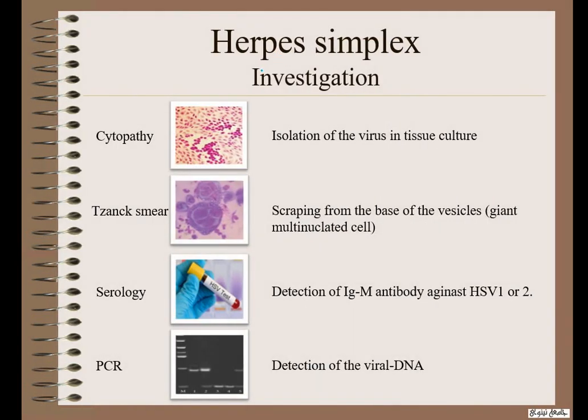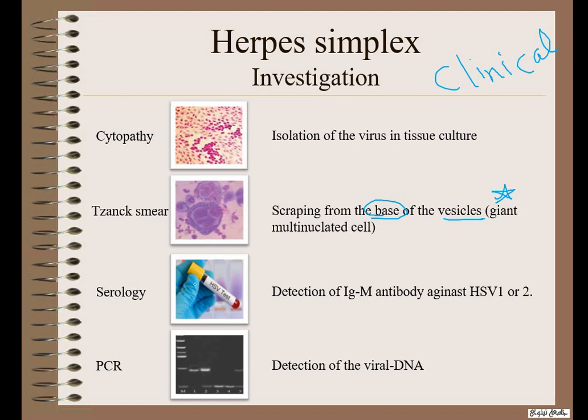Regarding the investigations we may do in herpes simplex, usually we don't need them, as the diagnosis is clinical, but sometimes if other investigation is required, I may do cytopathology, isolating the virus in tissue culture, or I may do a Tzanck smear. For a Tzanck smear, I take an intact vesicle, open it, and scrape from the base, and by staining it we will find multinucleated giant cells.